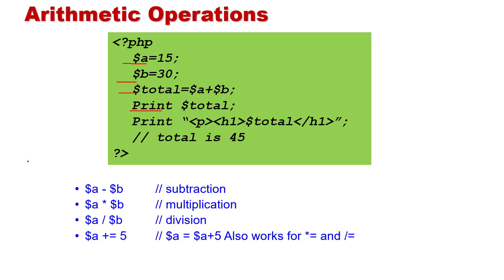Lastly, if you have used the C programming language, here plus equals is very similar to $a equals $a plus 5, and this works for plus equals, and it is similar to asterisk equals or slash equals. Next is the modulus operator, and the last is the exponentiation operator. So these are all arithmetic operators.